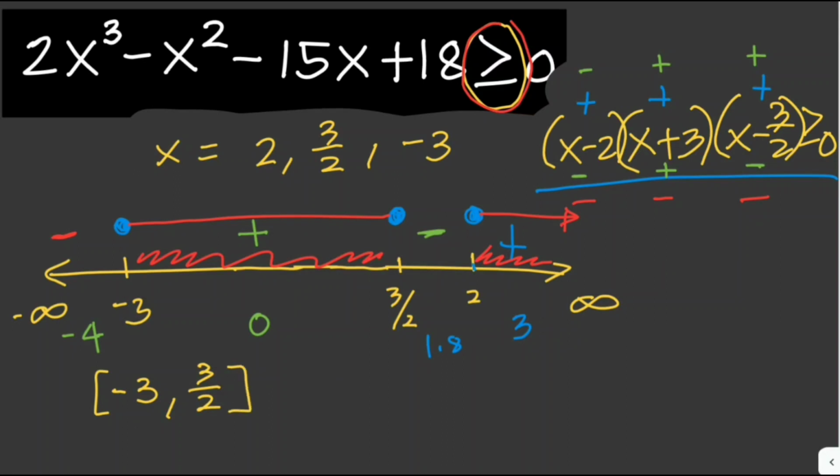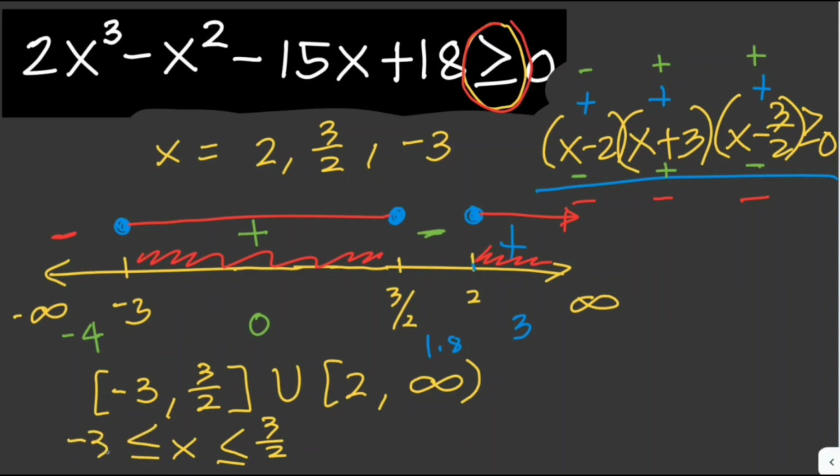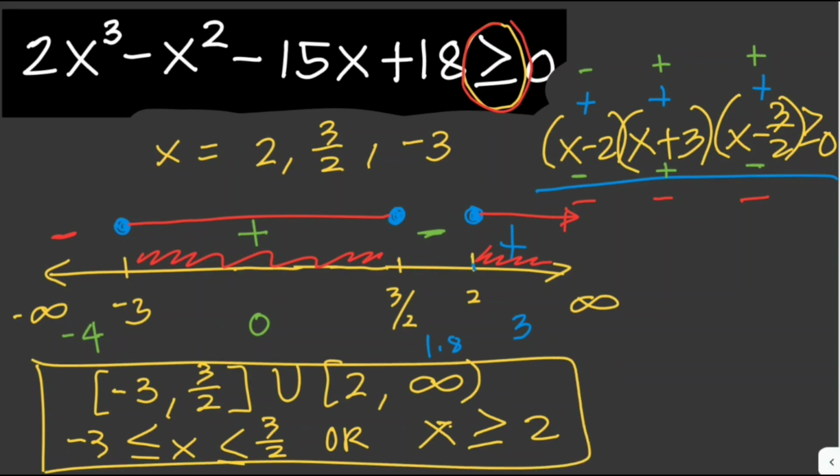We use the brackets here because they are included, union 2 to positive infinity. Or we can write this as the values for our x would be in between 3/2 and negative 3. x is greater than or equal to negative 3, but less than or equal to 3/2, or x is greater than or equal to 2. So these are our solutions here.